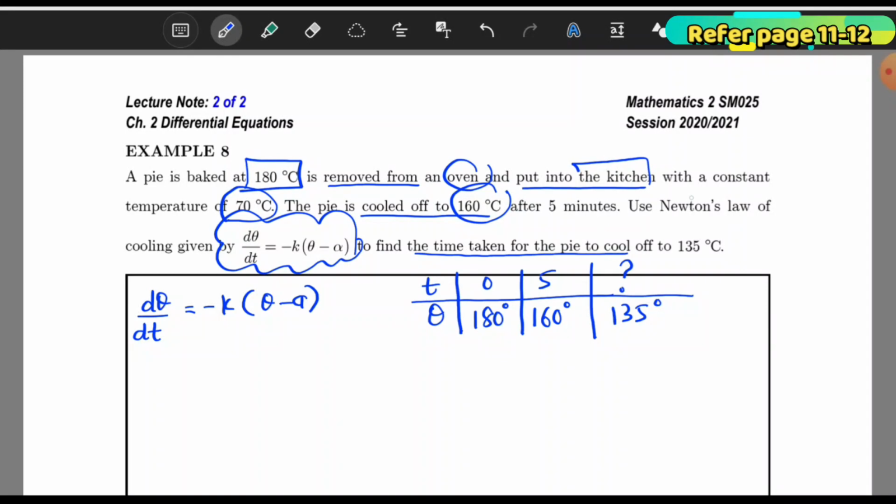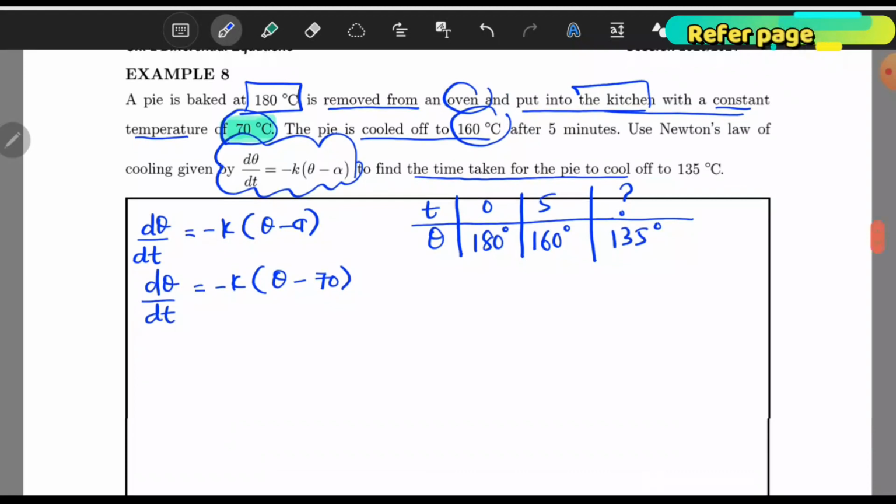Okay, you look here, the kitchen with a constant temperature of 70 degrees. So this is your ambient temperature. And if you notice here, the ambient temperature must be smaller than the temperature of the object. Okay, so we write d theta dt, we put the ambient temperature here, which is 70.